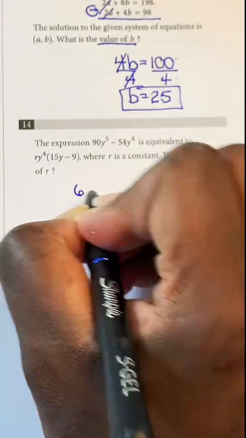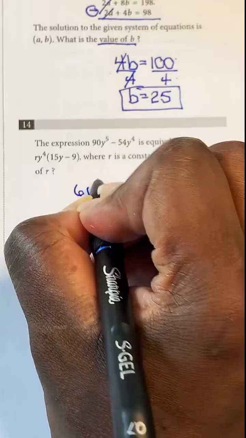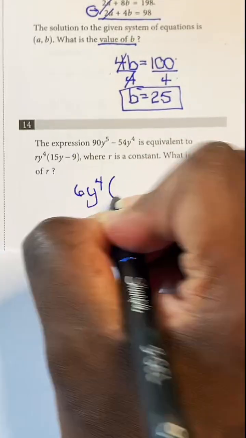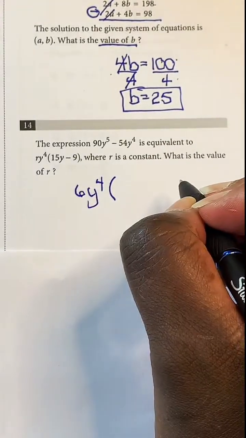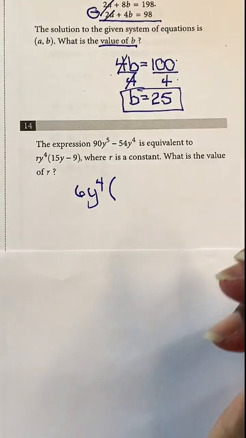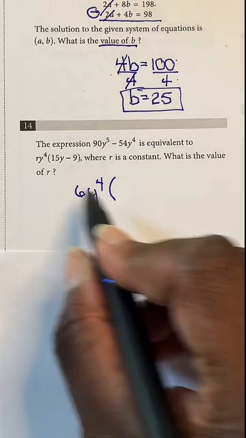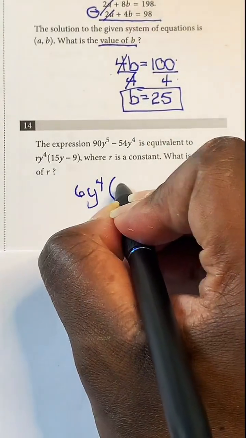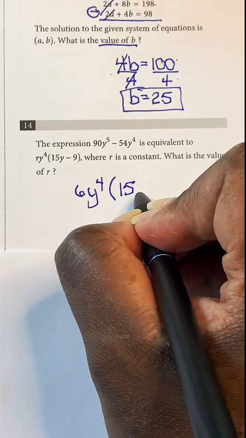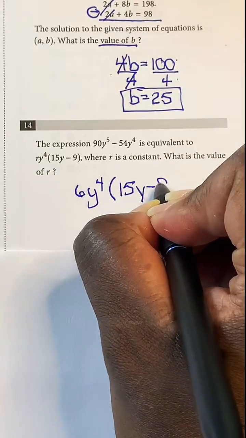That will be 6, y to the fourth. Okay, so we can do it this way. I know inside this parenthesis is going to be 15y minus 9.